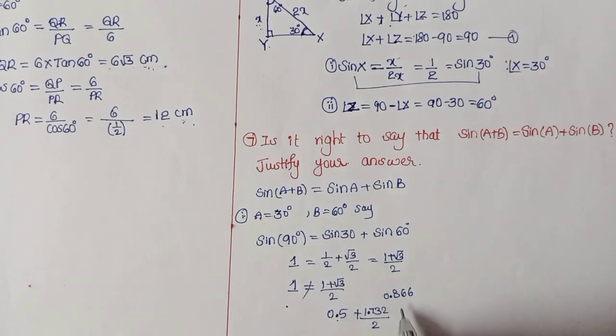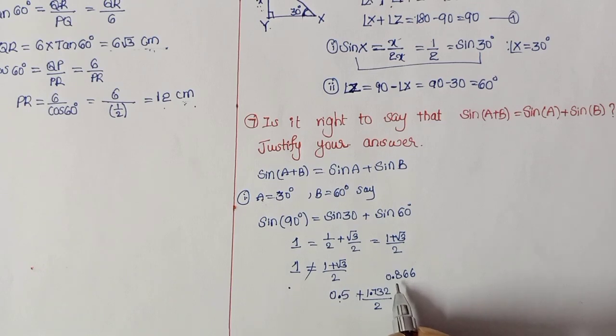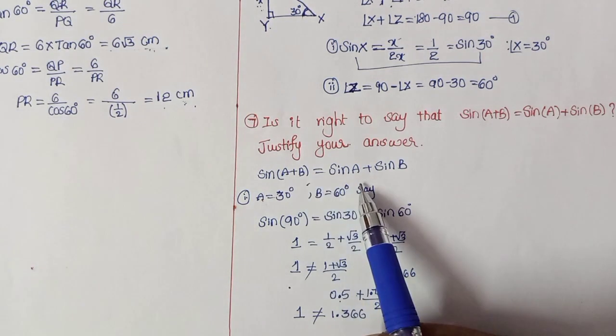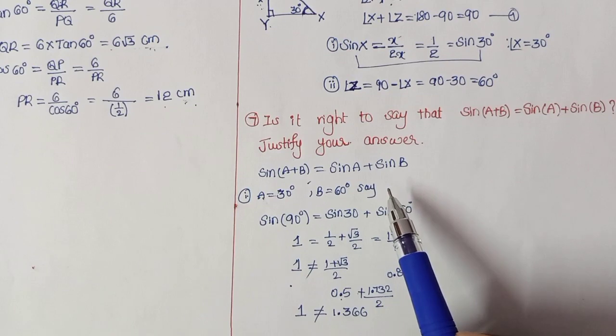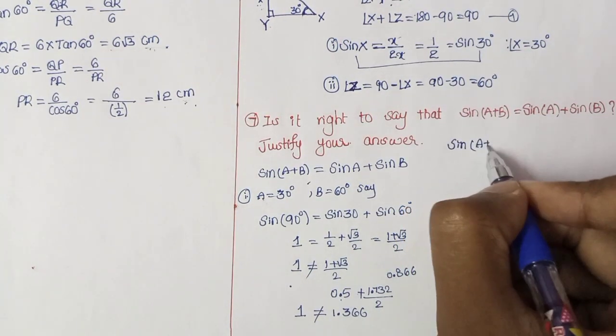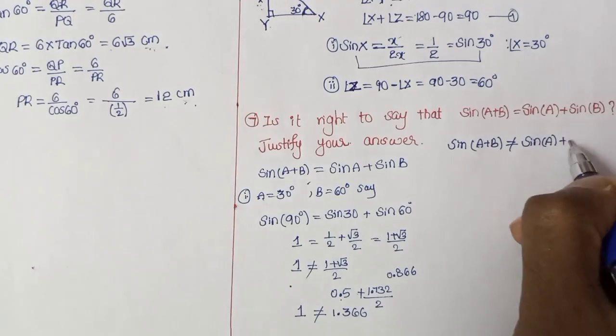So 0.5 plus 0.866 is obviously greater than 1. How much? 1.366, which is more than 1, so it is not equal to 1. So we can say that sin(A + B) is not equal to sin A plus sin B.